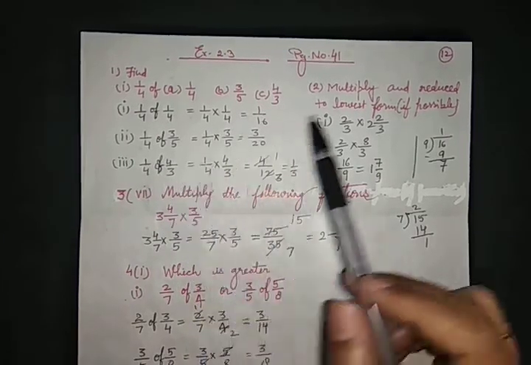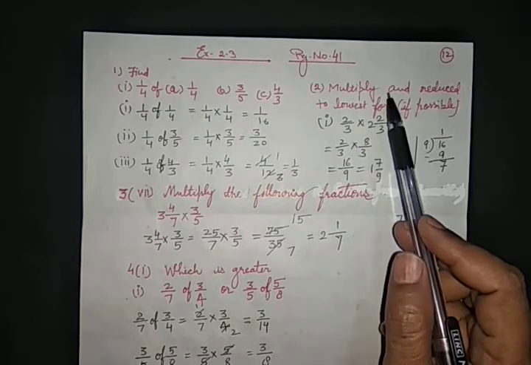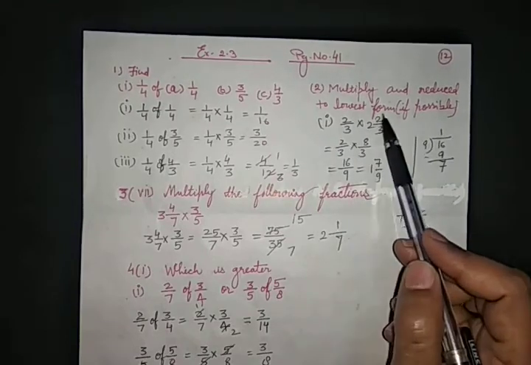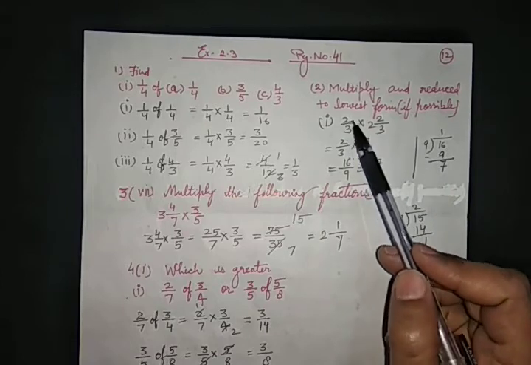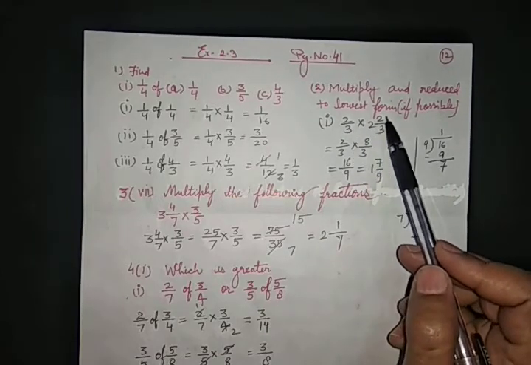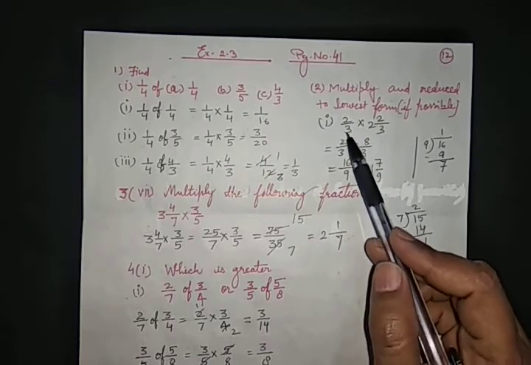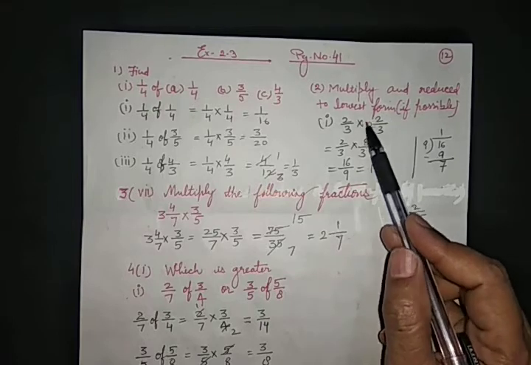Now you see question number 2, first part. Multiply and reduce to lowest form if possible. Here 2 by 3 into 2 whole 2 by 3. Here 2 by 3 we will write as it is, into 2 whole 2 by 3.